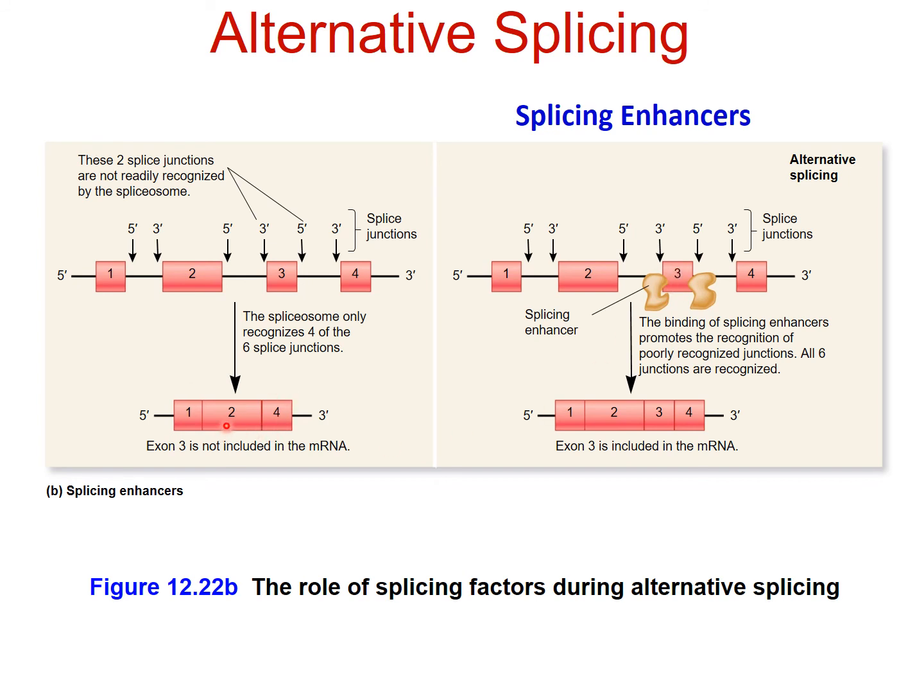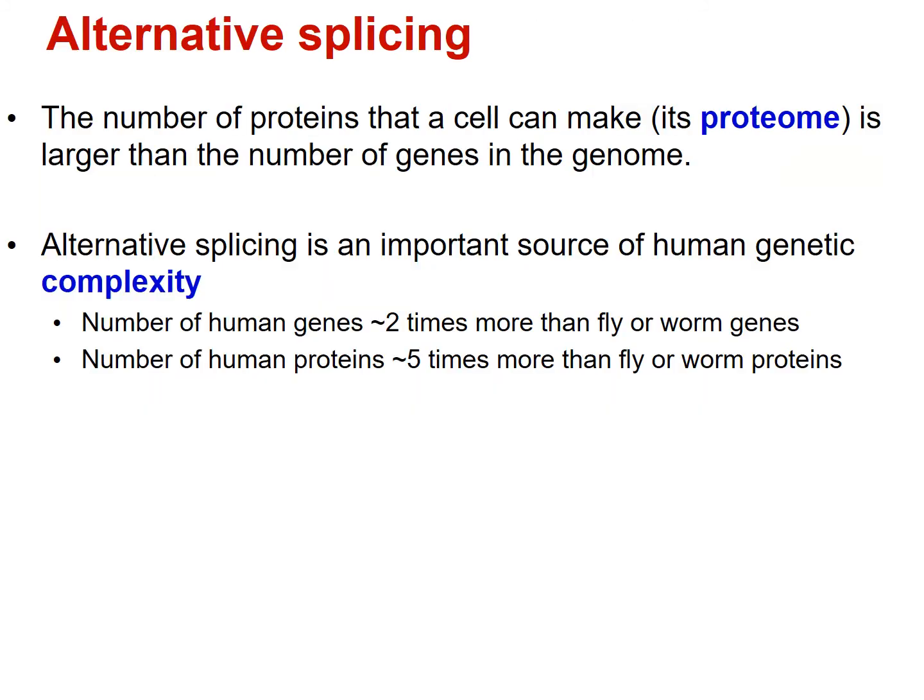Normally, exon 3 would get skipped, but the enhancers make exon 3 recognized as an exon, and we now get this intron to splice out by itself. The intron between 3 and 4 also splices, so we end up getting exon 3 incorporated in the final messenger RNA. That gives you an idea of how much more complex this is.